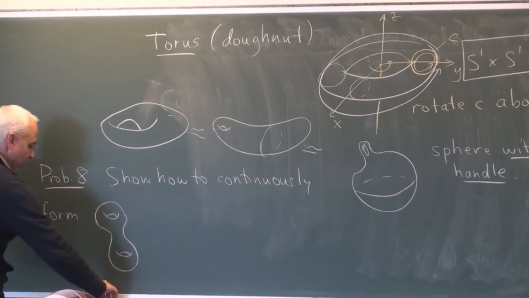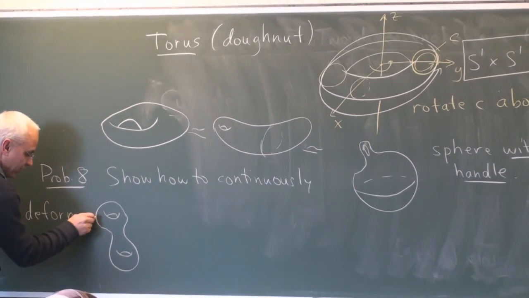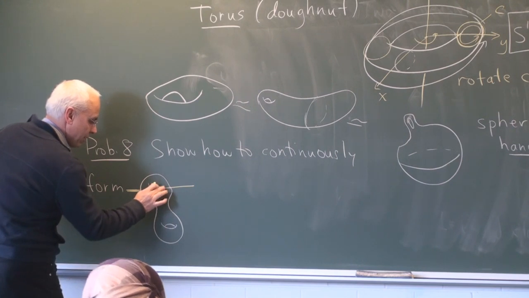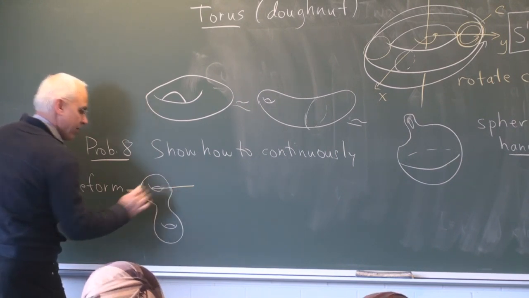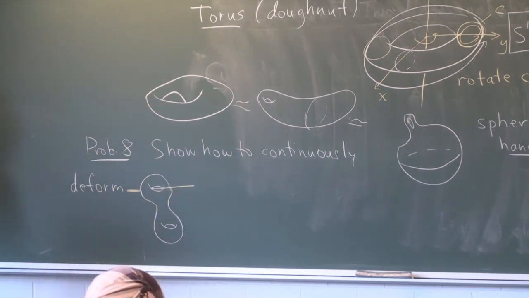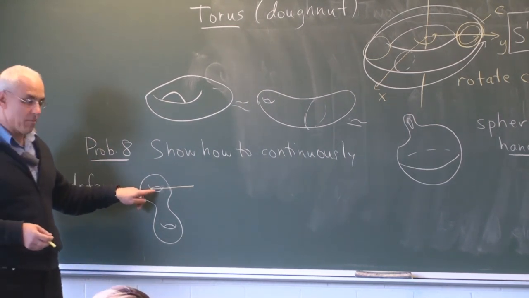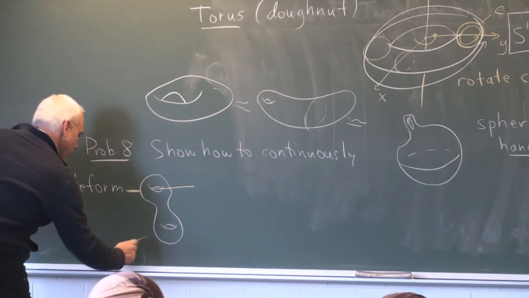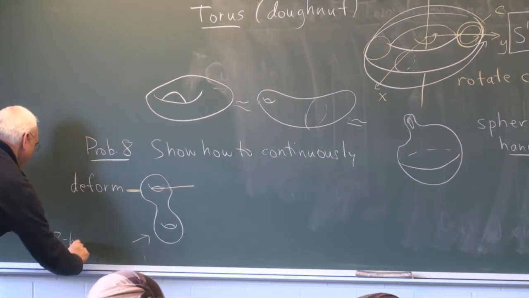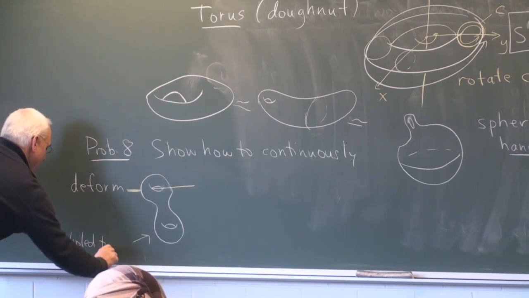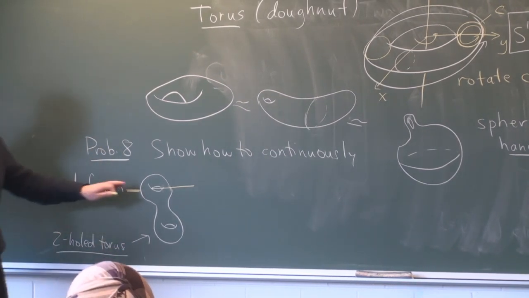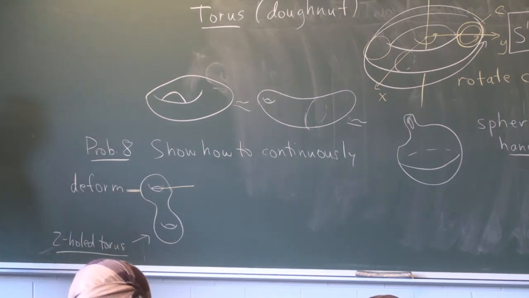It means that there's a clothesline like this, and it comes through here. Okay, so that 2-hole torus is hanging from a clothesline from one hole.